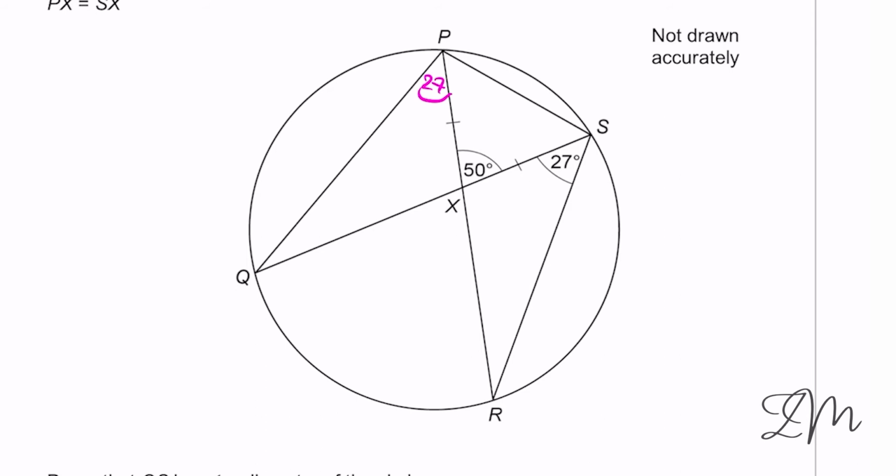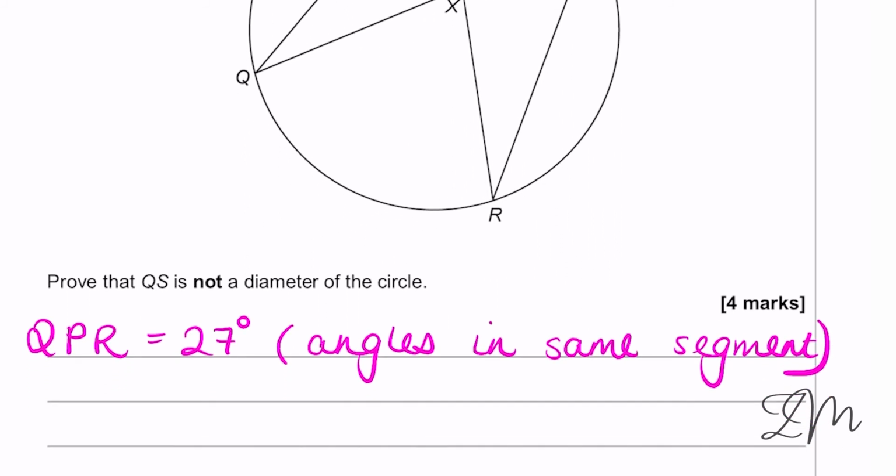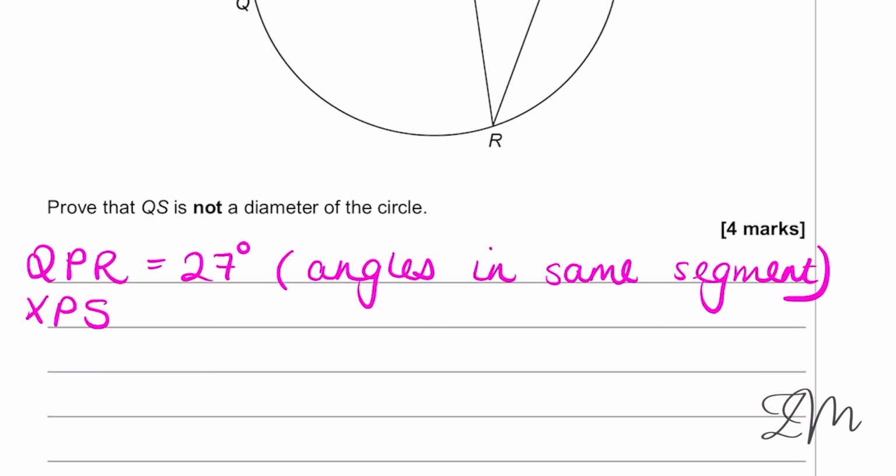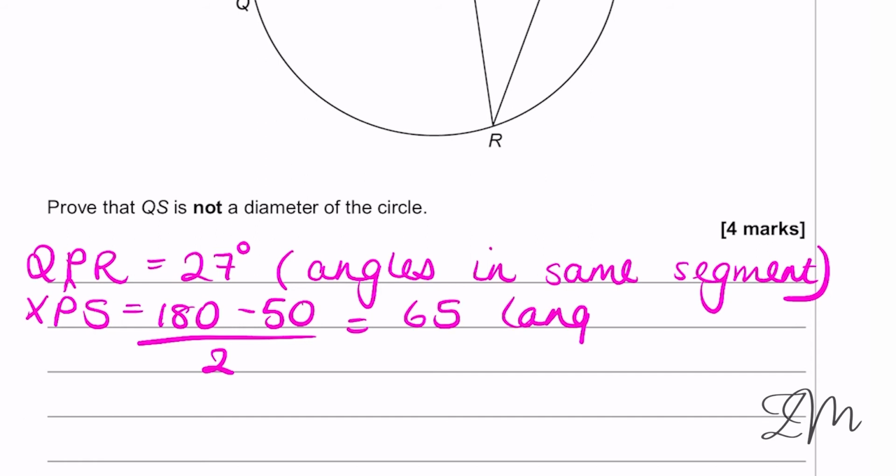So we could work out this angle here, or even this angle here, because it's an isosceles triangle. So we'd say XPS equals 180 minus 50 divided by 2. And the reason for that is angles in an isosceles triangle. The base angles in an isosceles triangle are equal.